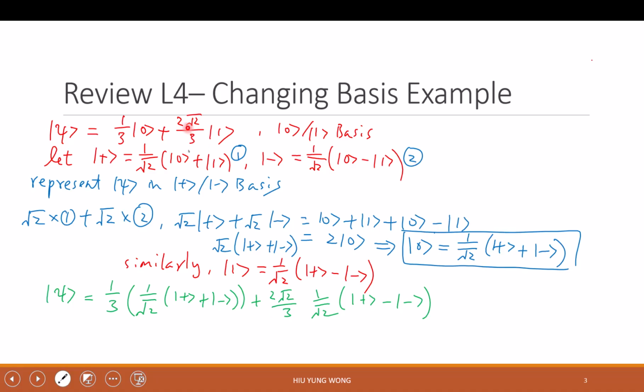And then this is 2 square root 2 over 3, I keep it. But then what is 1? 1 is just 1 over square root 2 plus minus. When you do this, just remember, treat them as variables. If you treat these as A, B, C, D, then that's what you do for a system of linear equations. You know how to do that already.